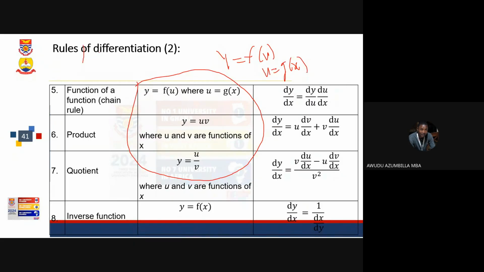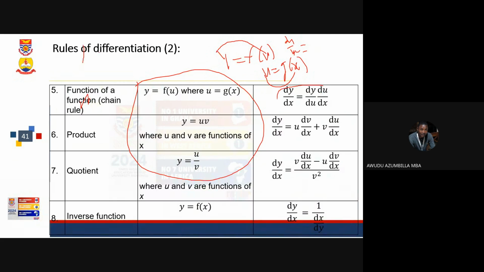When we are differentiating this kind of function, you have to be very careful. We don't differentiate it anyhow. You differentiate y first with respect to u, and then you differentiate u with respect to x, and multiply them.